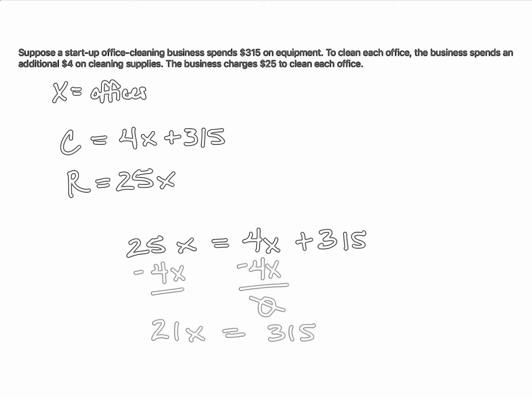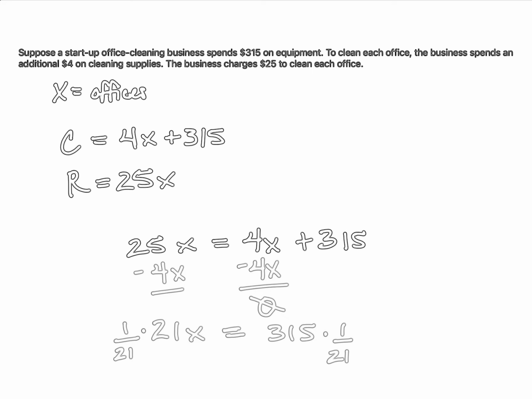So now we're going to do the division property. Some people call it the multiplication property, because instead of dividing by 21, it's the same as multiplying by 1 over 21. But we're multiplying by the reciprocal.